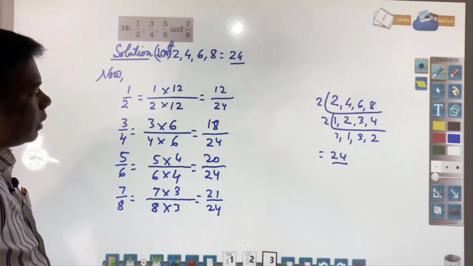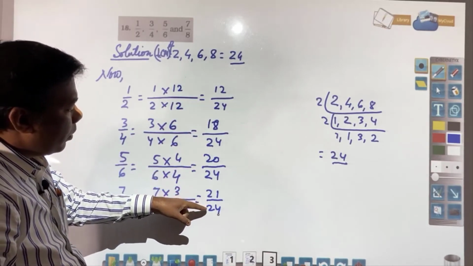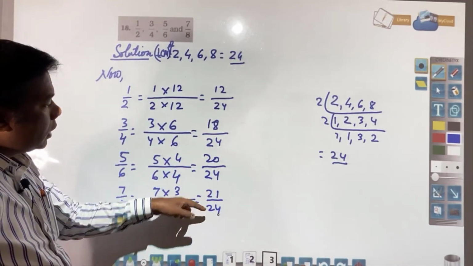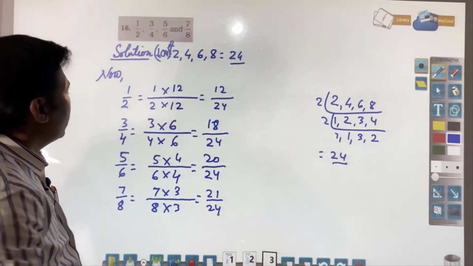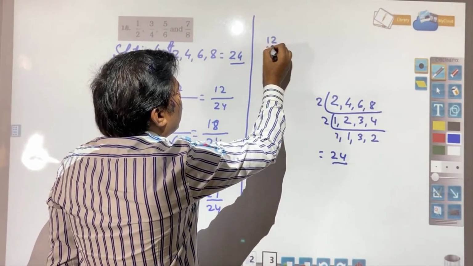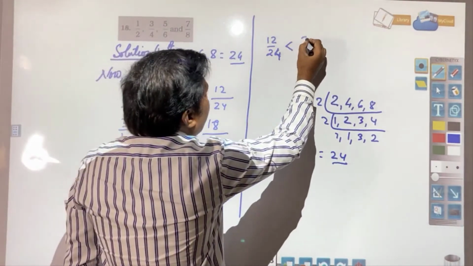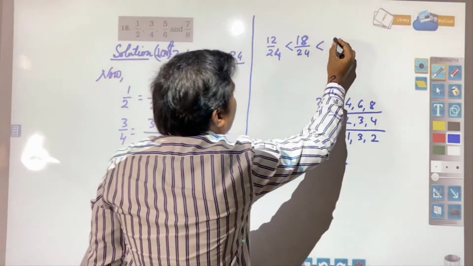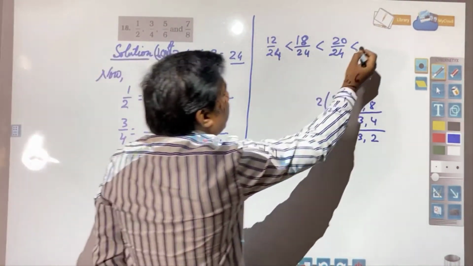Now we need to compare this. You compare 12 by 24, 18 by 24, 20 by 24 and 21 by 24. We need to arrange this in ascending order. The smallest one you find out. So your smallest number is 12 by 24. 12 by 24 is lesser than 18 by 24, is lesser than 20 by 24, and is lesser than 21 by 24.